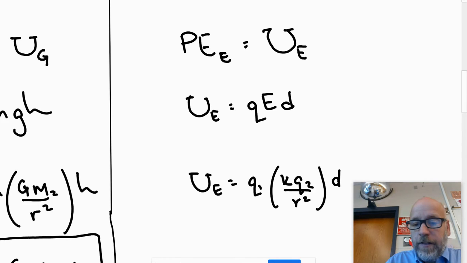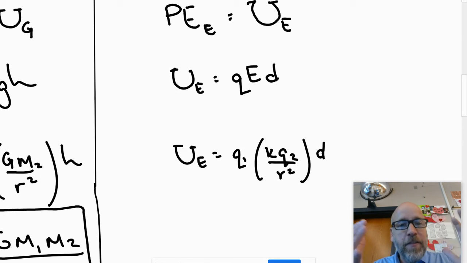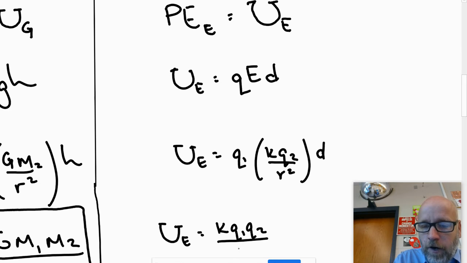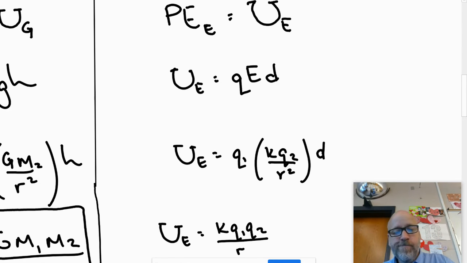The d and the r, because again, they're measurements of distances, are going to cancel out. And I'm going to end up with a formula for electric potential energy caused by a charge.